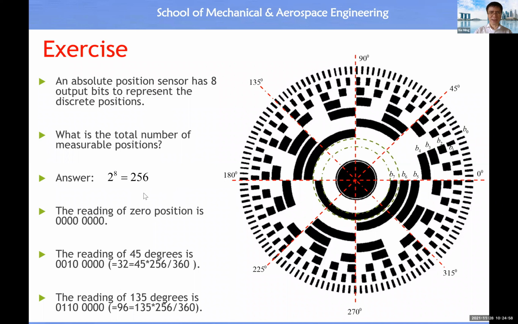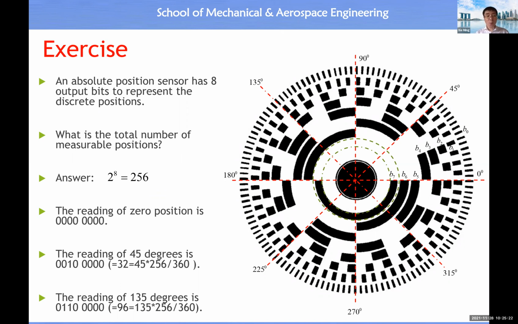Then you get this value, 256. Okay, if we have the reading of the 0 position, what should it be? By default, it makes sense for us to name the output 0, 0, 0, 0, 0, 0, 0, 0 to be the 0 position, the first measurable position.